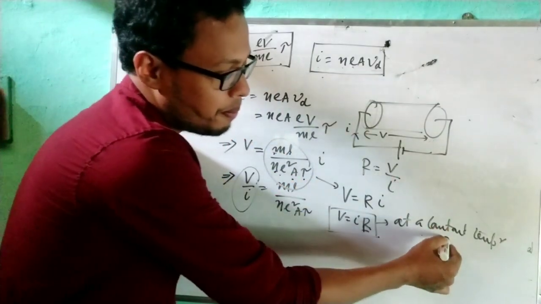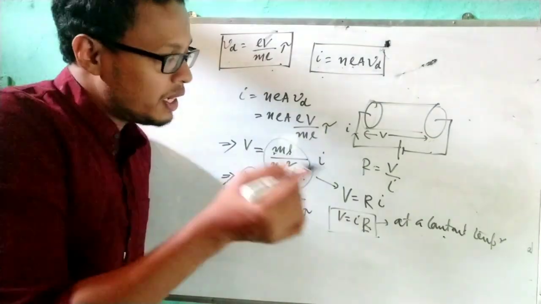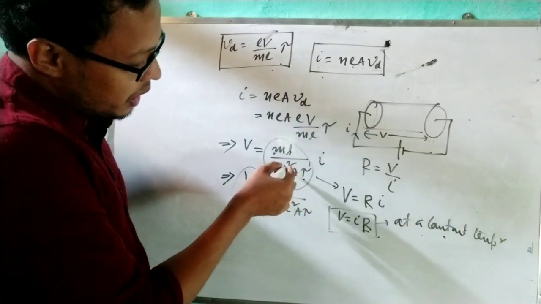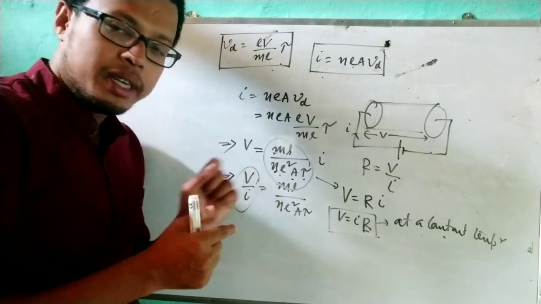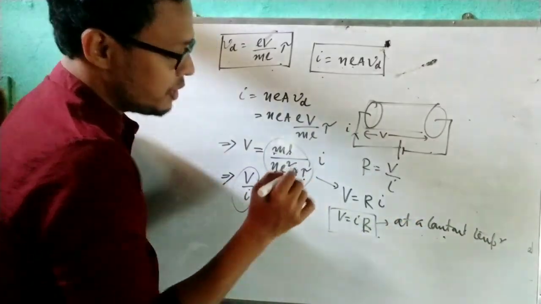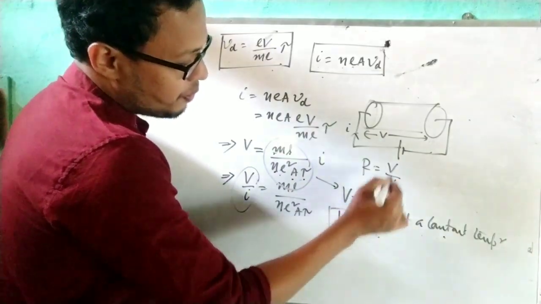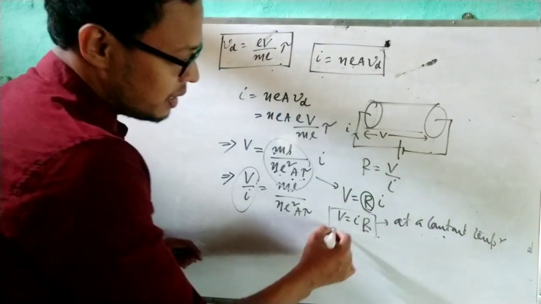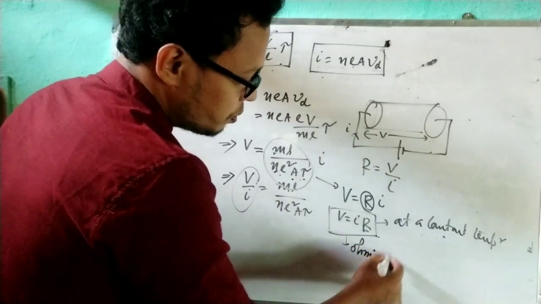Relaxation time at a particular temperature is fixed. When the temperature varies, the relaxation time will decrease, means the electrons will collide at a faster rate, so the time difference will decrease. But at a constant temperature, that is fixed. So this total term is fixed. We can take this fixed term as R, which is called the resistance. So we get from this equation V equals IR, which is called Ohm's law.